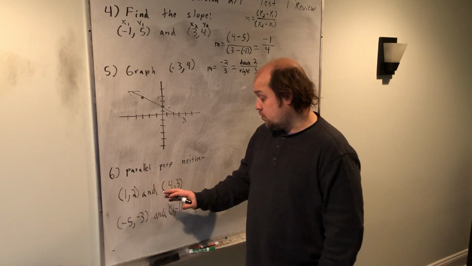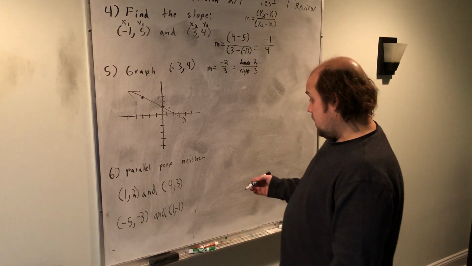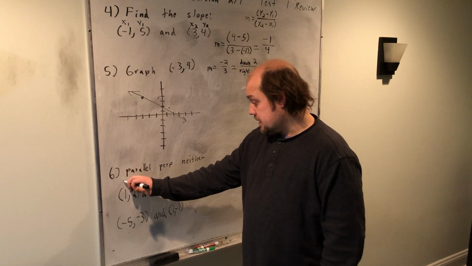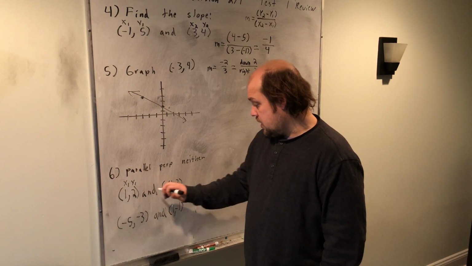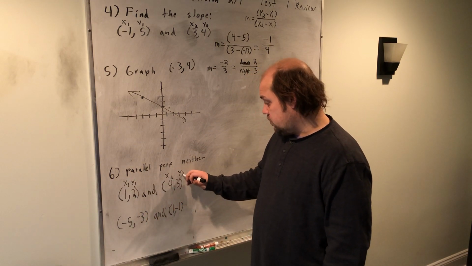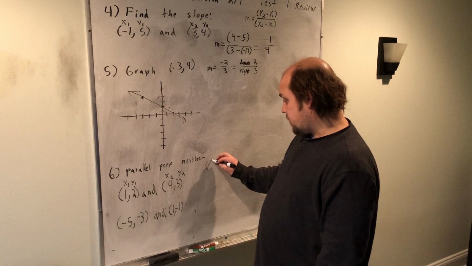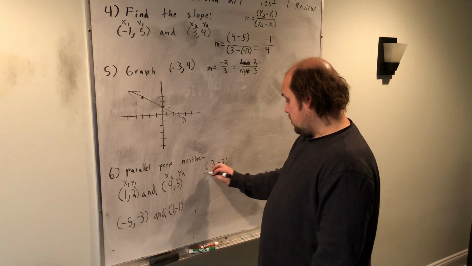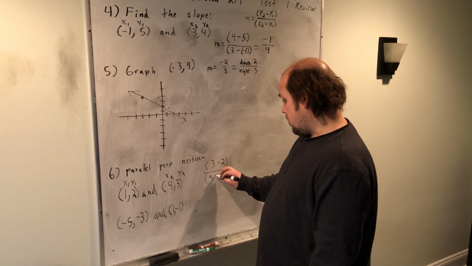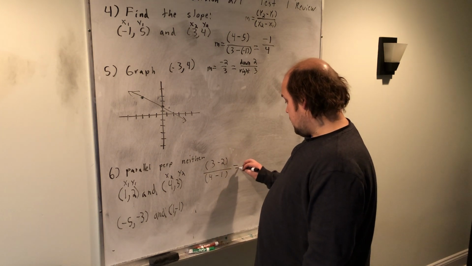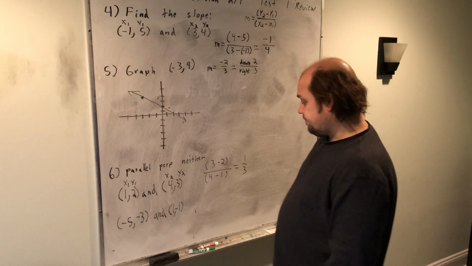So 1, 2, and 4, 3. Here I'm going to start out by saying this is x1, y1, x2, y2. I'm going to set up 3 minus 2 over 4 minus 1. That gives me 1/3.